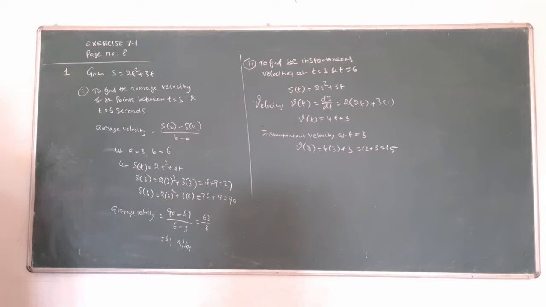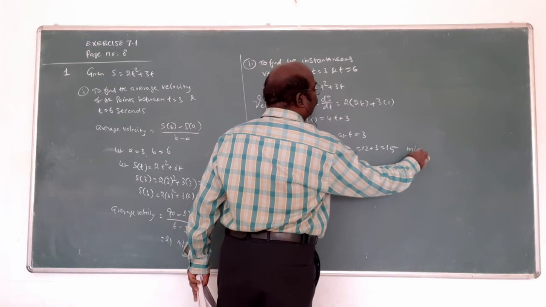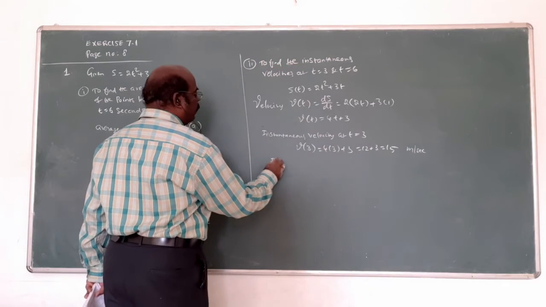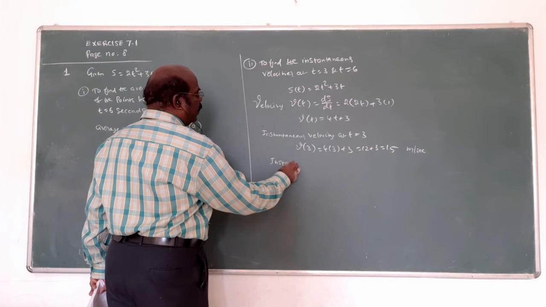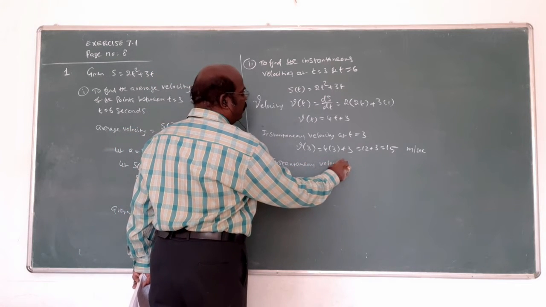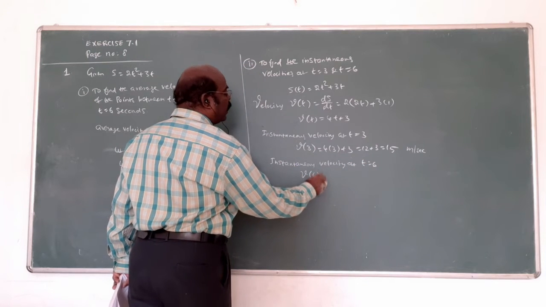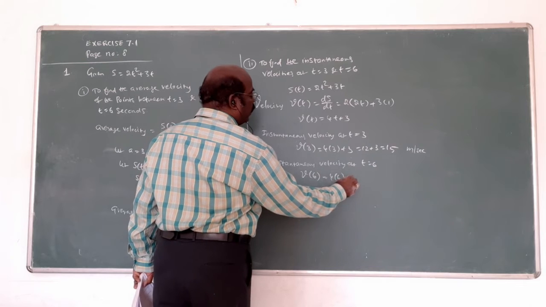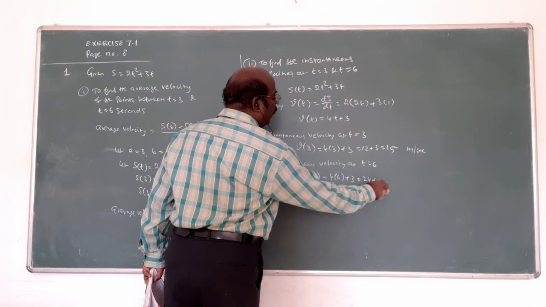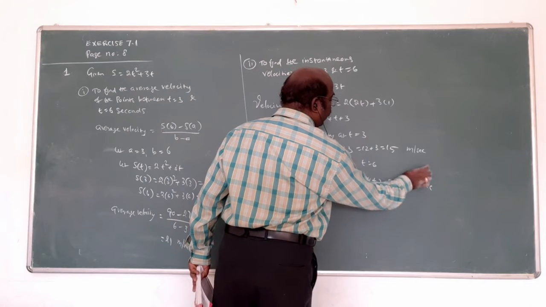This is also meter per second. Instantaneous velocity at t equal to 6: v of 6 equal to 4 into 6 plus 3, 24 plus 3, 27. Again, meter per second is the answer.